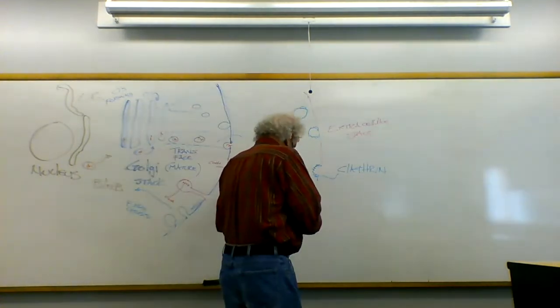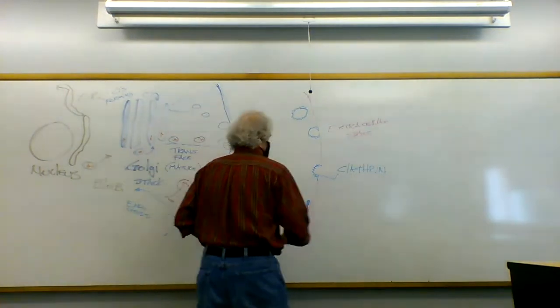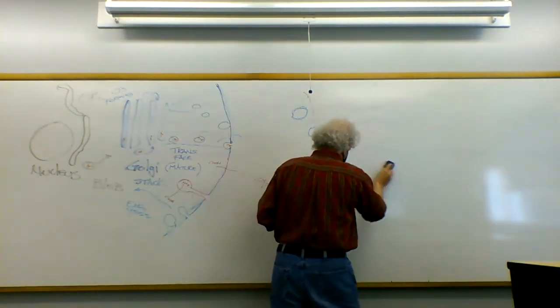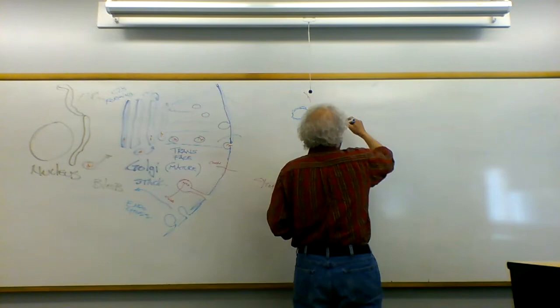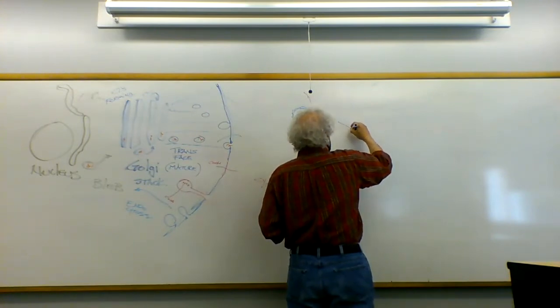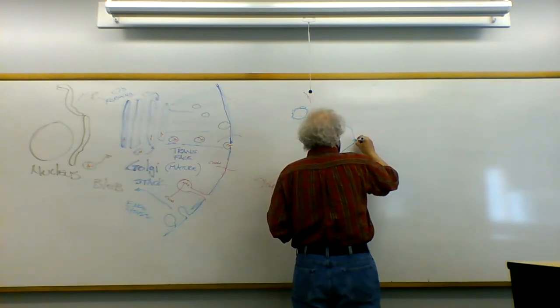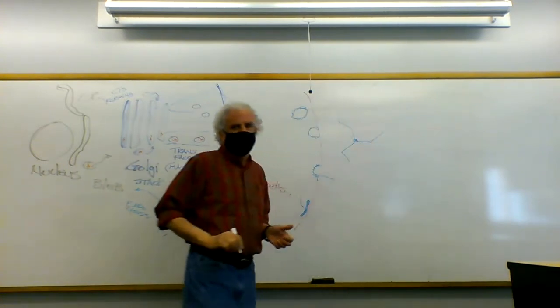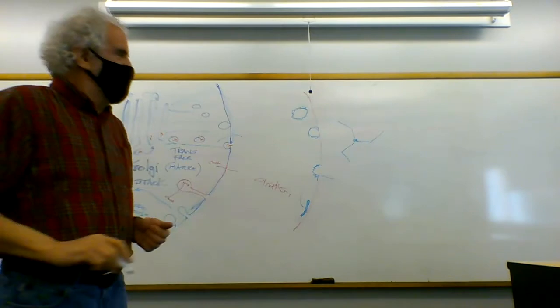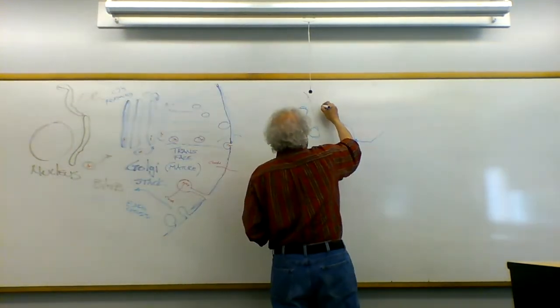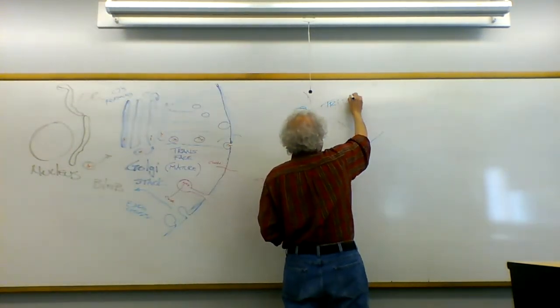And it forms a structure like this. Let's see if I can draw it. Like that. And it is known as a triskelion.